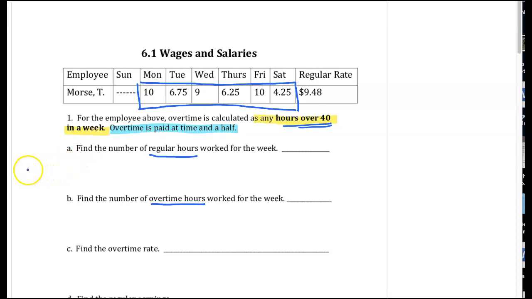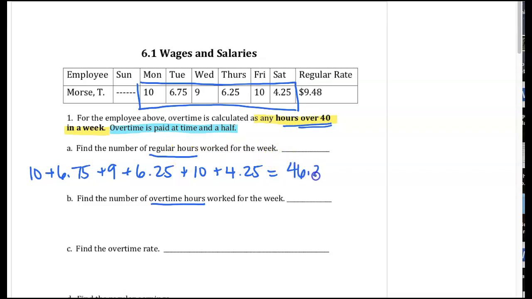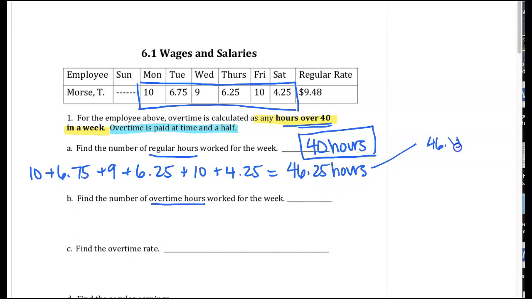So let's add all those hours from Monday through Saturday. When I calculate all of those, I end up with 46.25 hours. 40 of those hours go for regular hours, and then if we take 46.25 and subtract the 40 regular, we end up with 6.25 hours that are overtime.